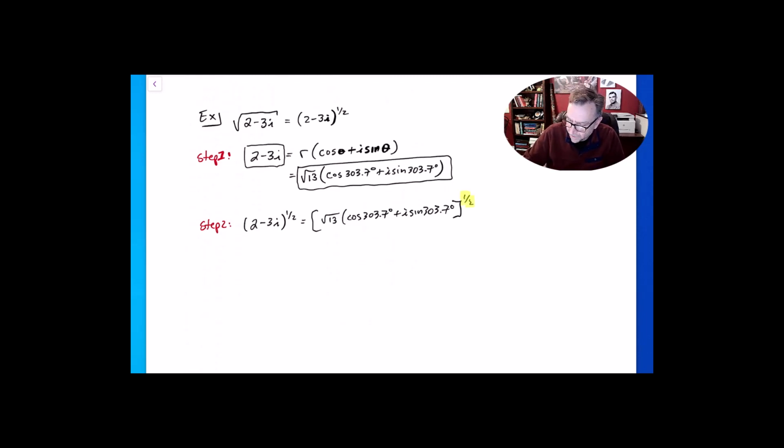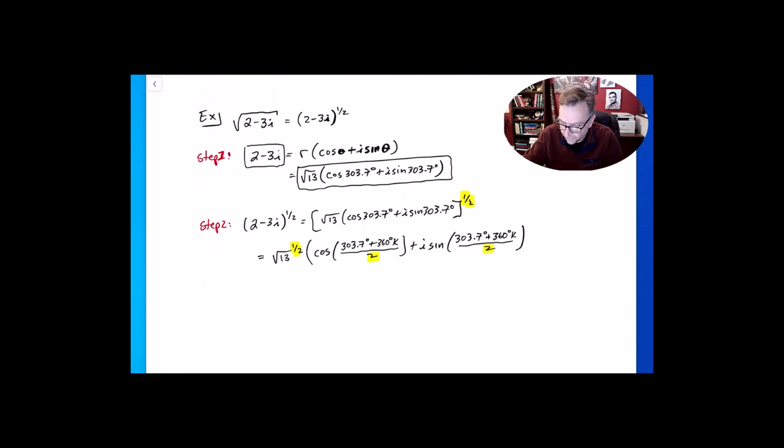So applying DeMoivre's theorem, we need to take the square root of 13 to the 1/2 power times cosine of 303.7 degrees plus 360 degrees k over 2, plus I sine of that same angle. Notice here we raised the radius to that power, and then we also divided by 2.